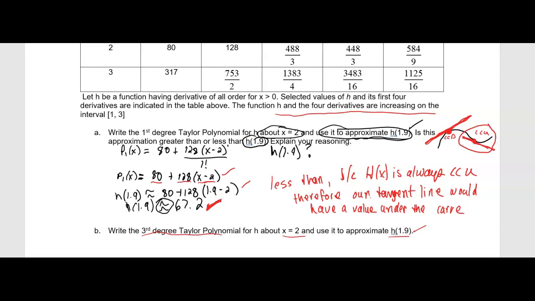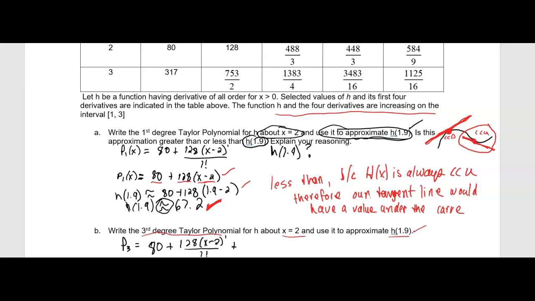So we would say our third degree Taylor polynomial starts out pretty similarly because we're still dealing with 2. So we're going to have 80 again. We would still have the 128 times x minus 2 to the power of 1 over 1 factorial.